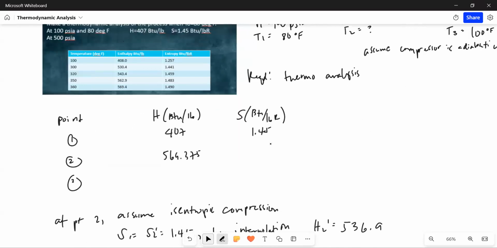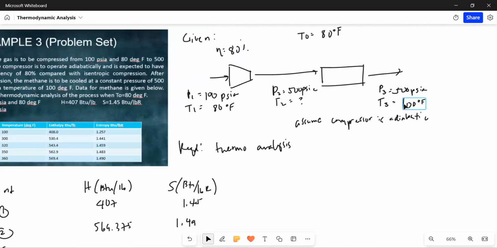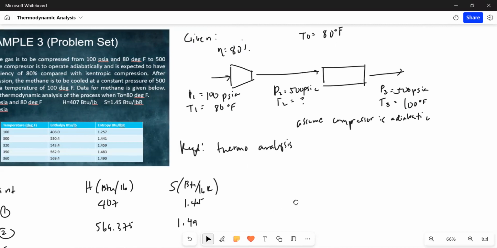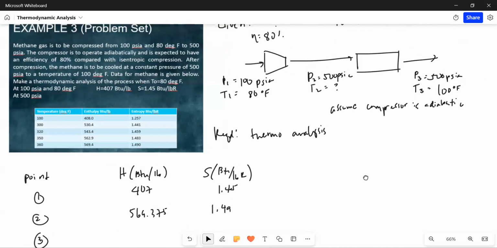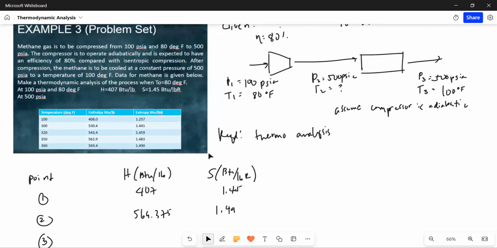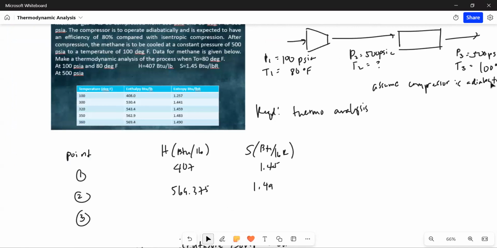Okay, let's write that. Alright, so at point 3, we're given already two values, and therefore we can read from the table. So I guess all of these states are gaseous states.